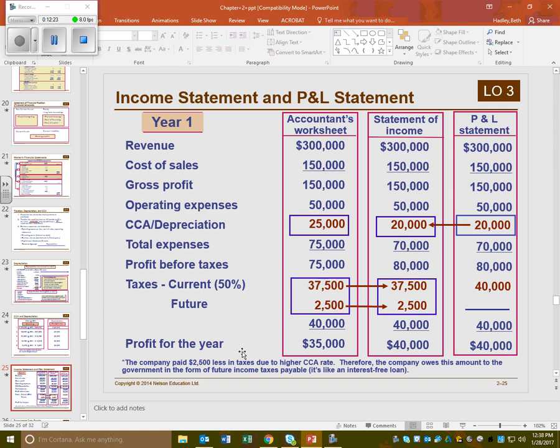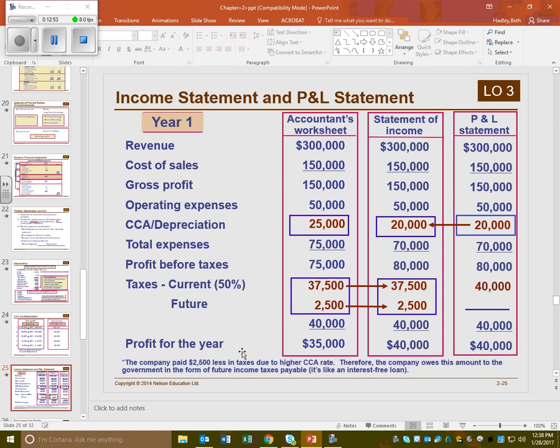We owe 40, but we don't have to pay the government that last 2,500 until the future, when our CCA rate drops and it flips the other way. We're going to have more tax going through our income statement and less going through for our accountant's statement, and that's when it's going to even out.